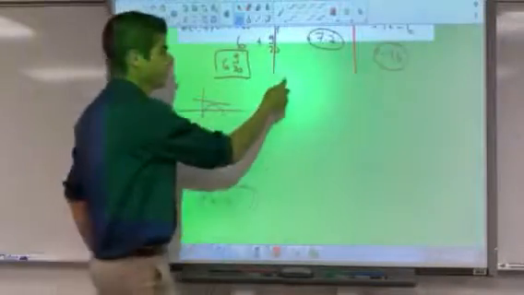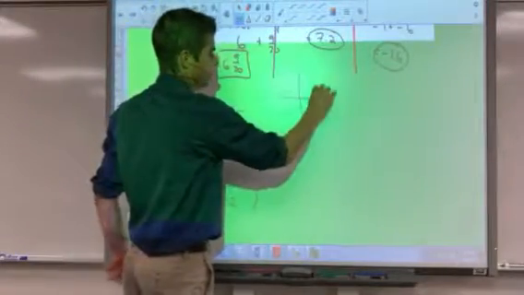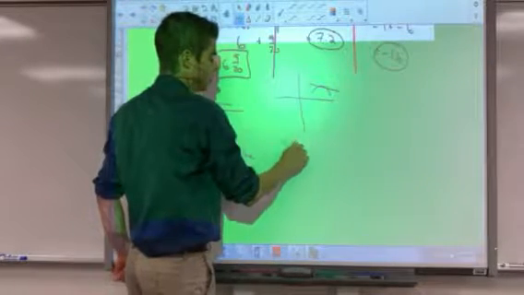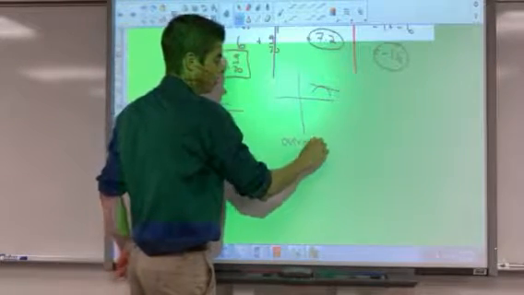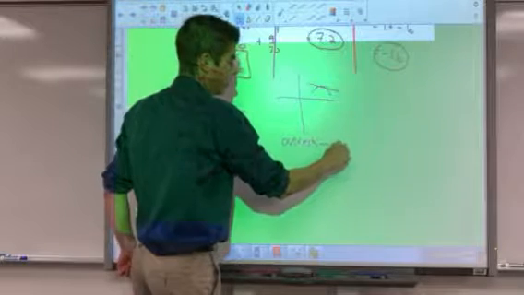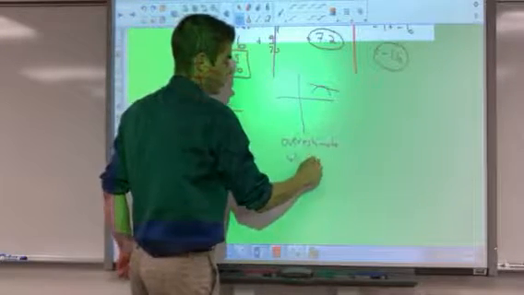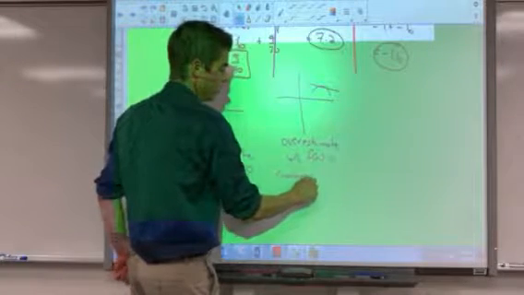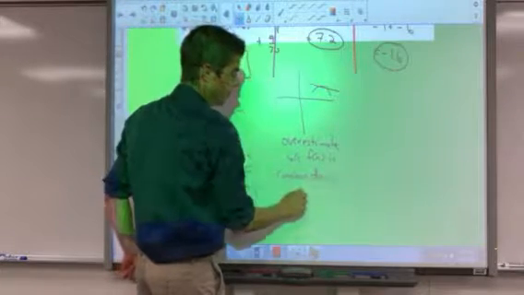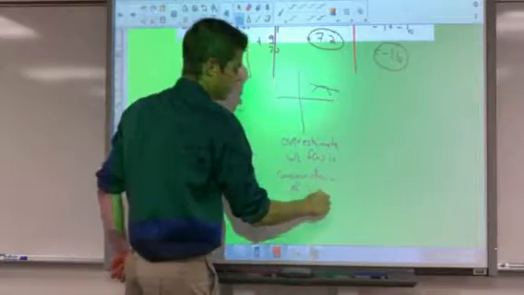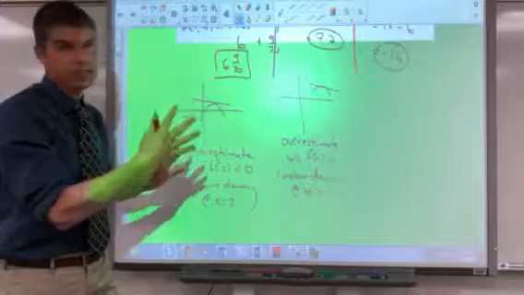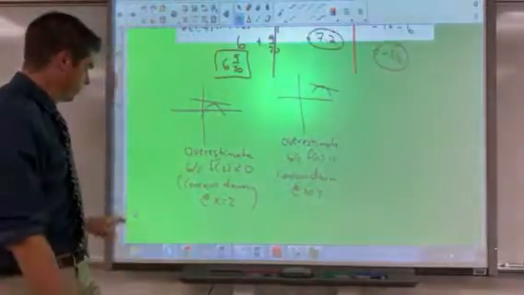So at 3, we still have concave down, our tangent line's above, so we know it's an overestimate, because f of x is concave down at that particular point at x equals 3. That's a simple, quick phrase that you use to support your answer, but you just have to know it.